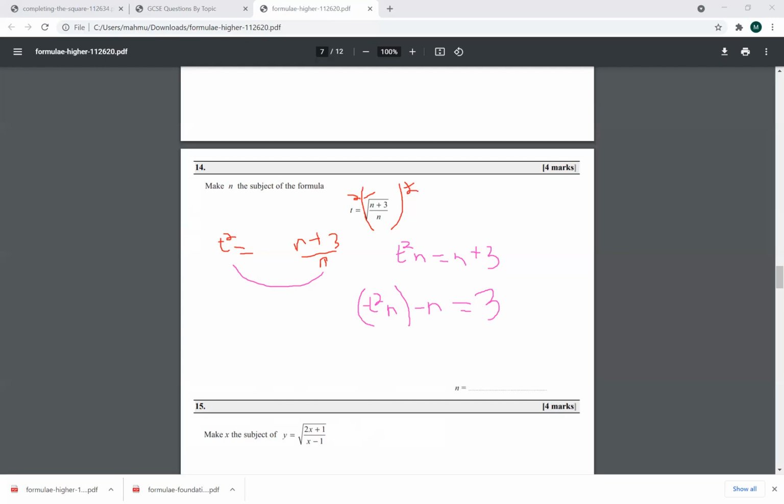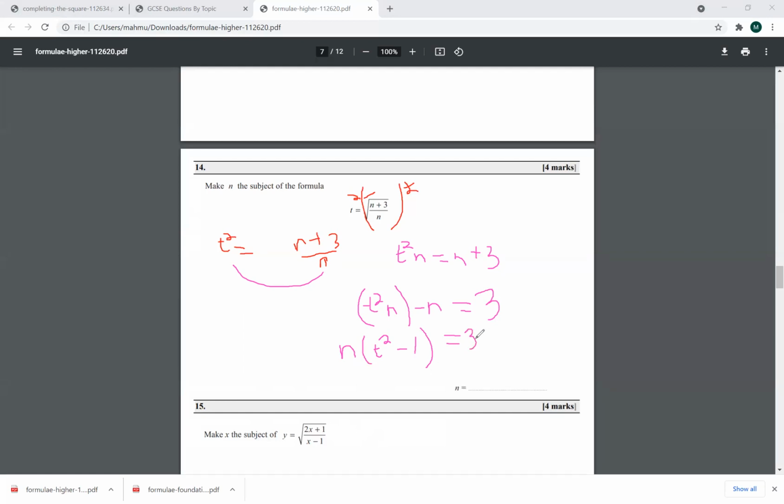So what I'll try to do, like the way I did it before, is take the n outside and do a bracket. That gives me t squared, and then minus 1. So now I've got n t squared minus n, that is n times (t squared minus 1), equals 3. Now I should be easily able to find the value of n.